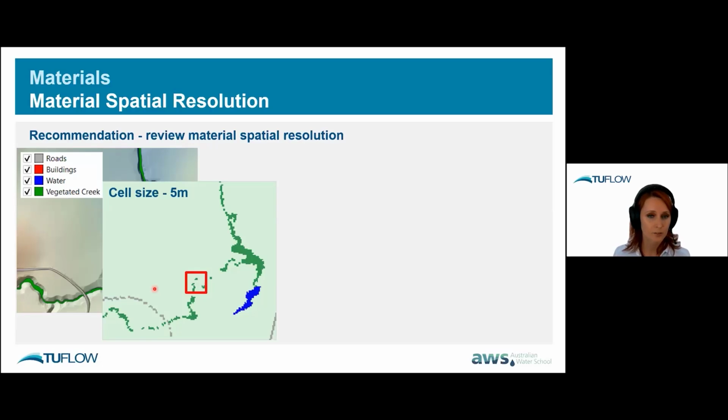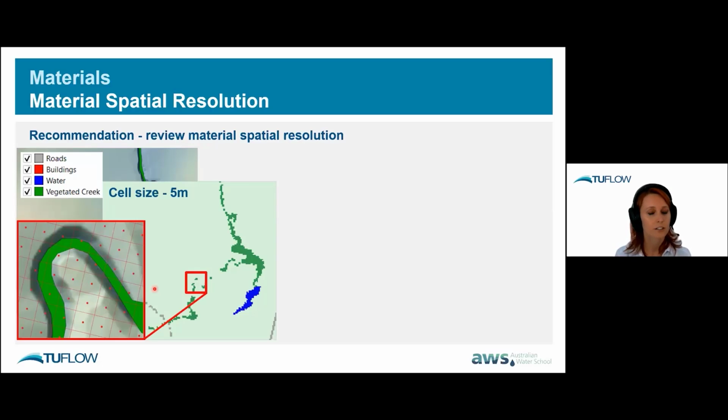Why is that? If we zoom into this location and display cell centers, the materials will only get updated for the cells where the cell center falls within the material polygon. So this will suggest we should get our cell size smaller.